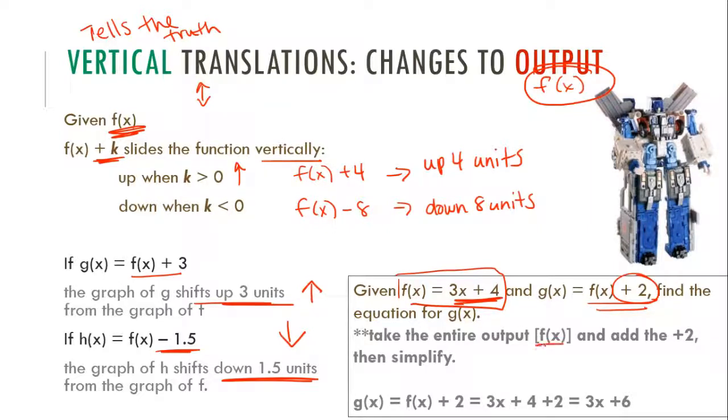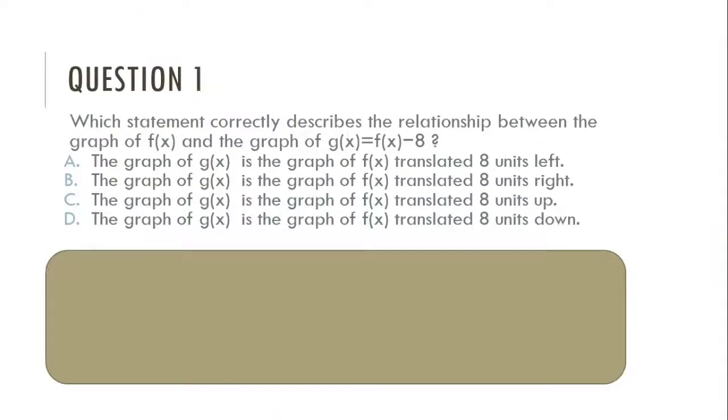So we take the entire output, the entire f of x, that is the 3x plus 4, I'm just dropping that in right here, and I'm just tacking on the plus 2 at the end. When I simplify, 4 plus 2 is 6. This is my new function after it's been translated. And that is that, okay? So let's look at a couple examples.